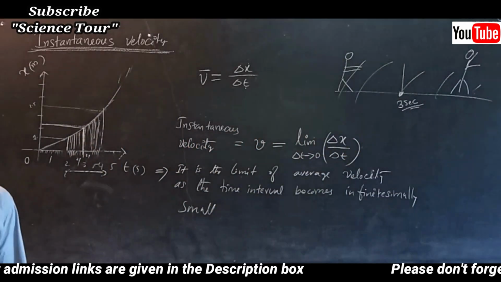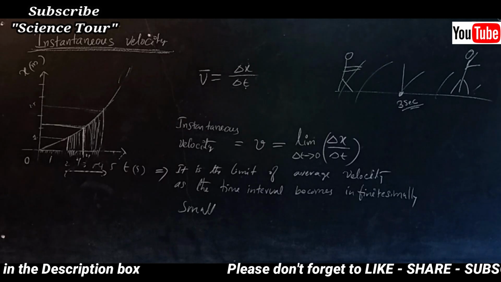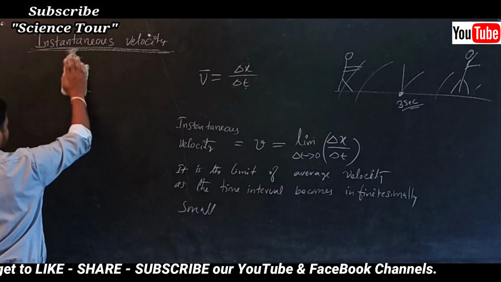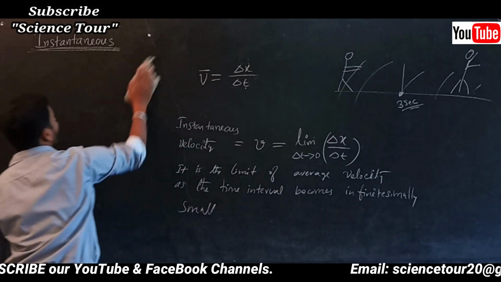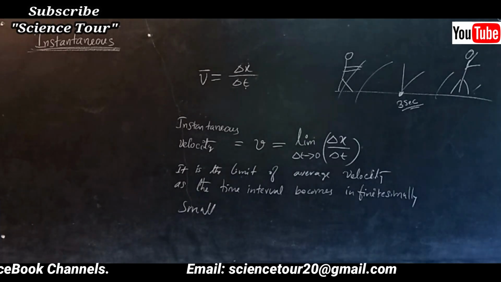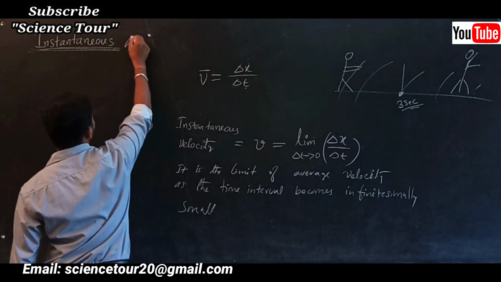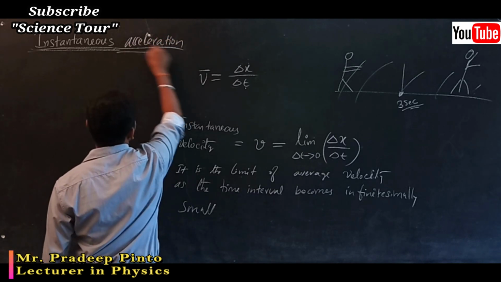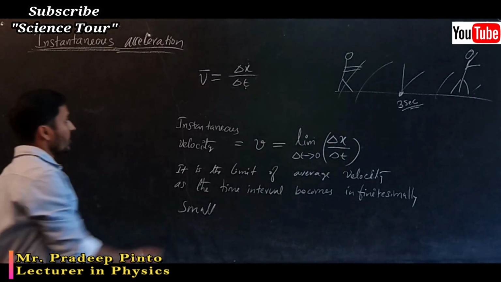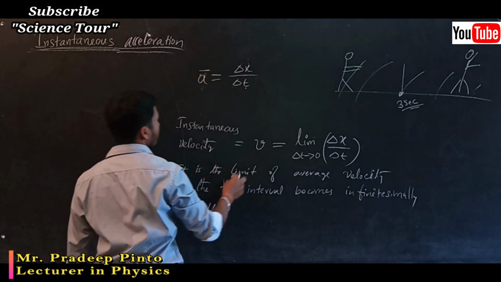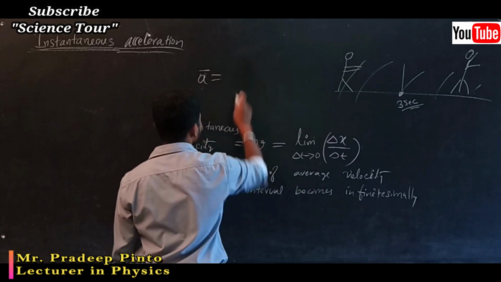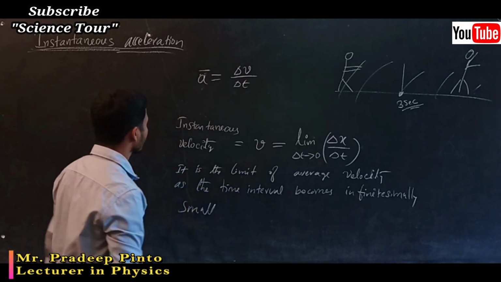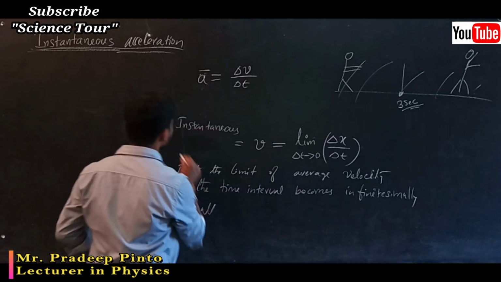Now again, in the same way, this is for instantaneous velocity. If I ask you to write down instantaneous acceleration, we can write down. Instantaneous acceleration means, now you have to write average acceleration in the place of average velocity. Average acceleration is delta v by delta t.